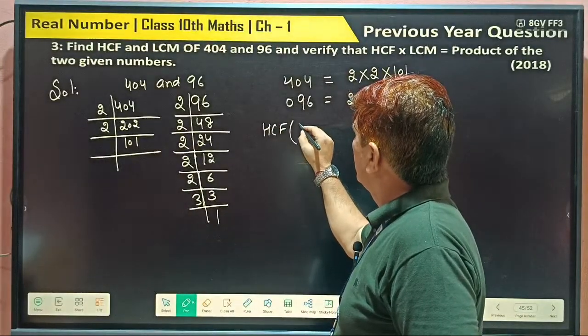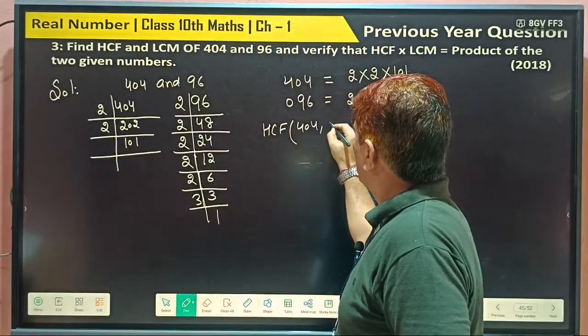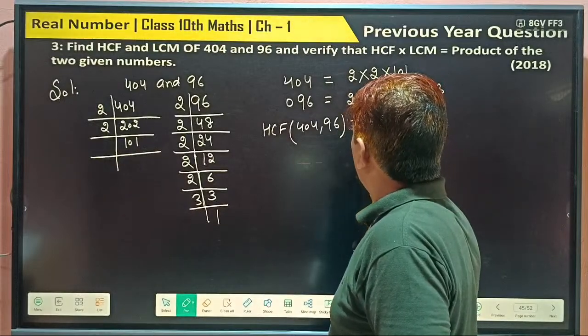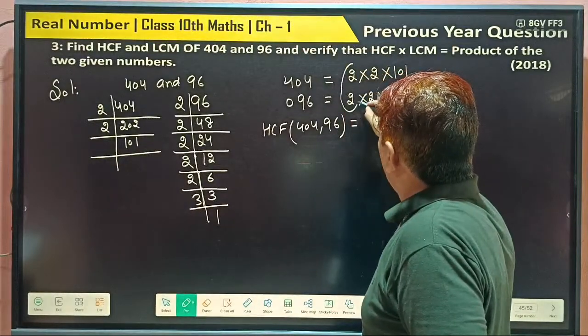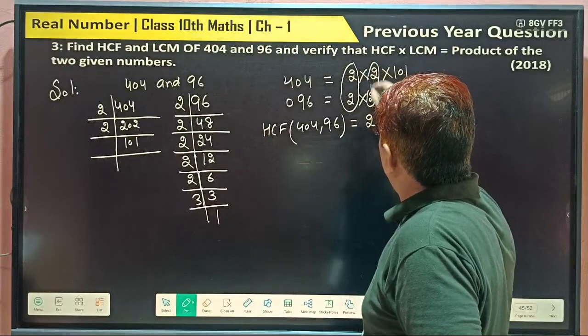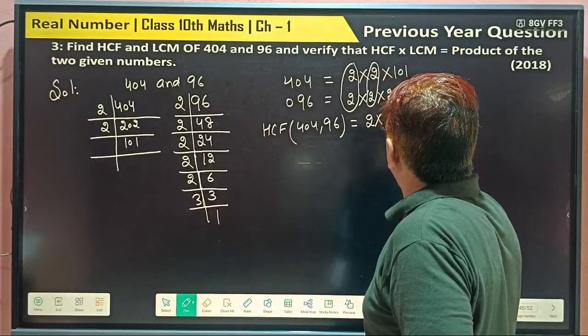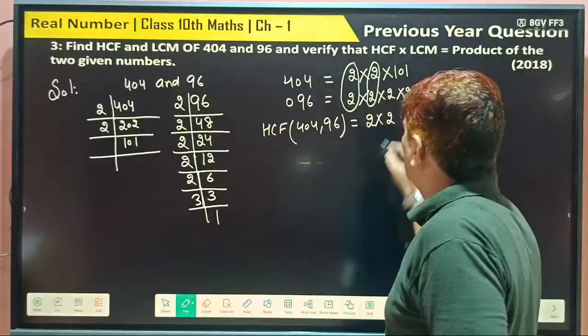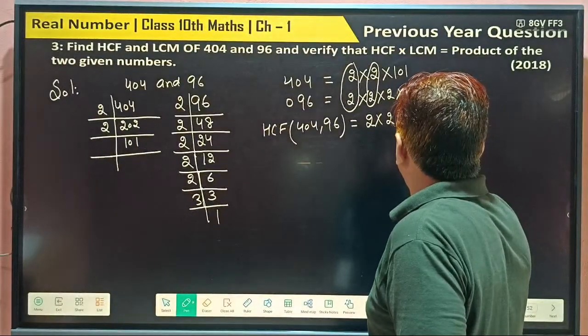HCF of 404 and 96. This is common, 2 into 2, then after this nothing is common. So what's HCF? 4.